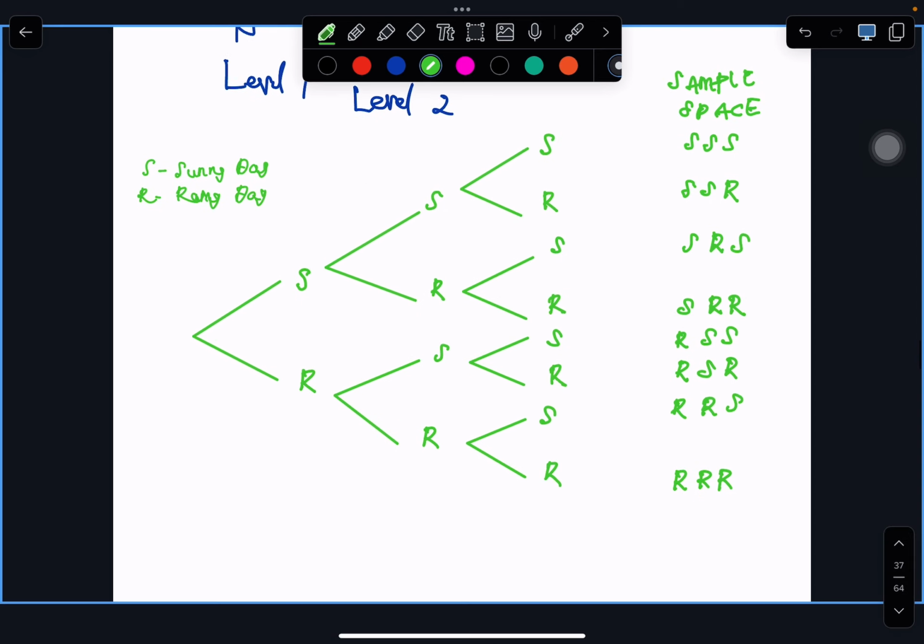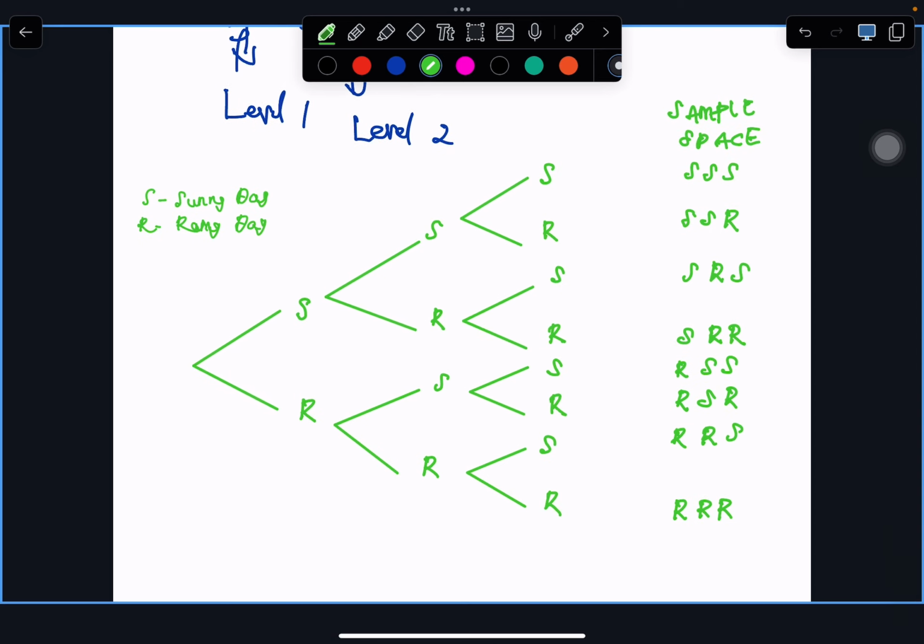Let's say this is our assumption, guys: sunny is 0.5, raining is 0.5. If you assume that, where is the 0.5? On the branches. And this one should be 0.5, 0.5.